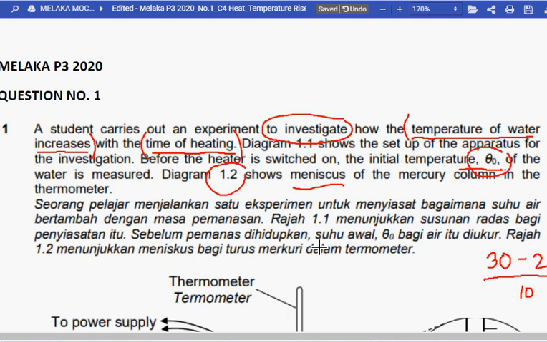Here it is the same thing. Time of heating and heating time are the same thing. So when this is your manipulated variable, the temperature of water increases. So this is your responding variable. Just copy this. The manipulated variable is the time of heating, T, or the heating time T. Then the responding variable will be the temperature of water increases. That will be the best answer.